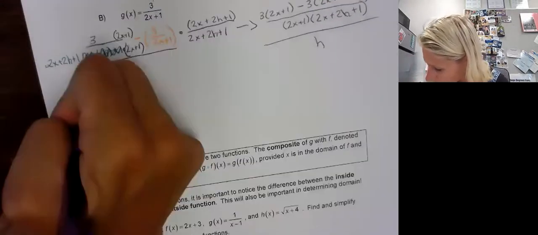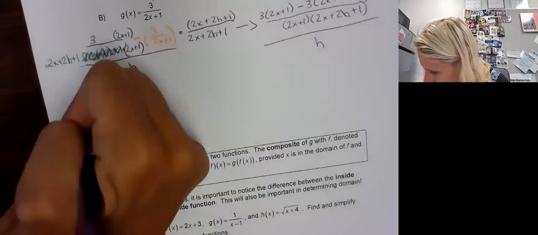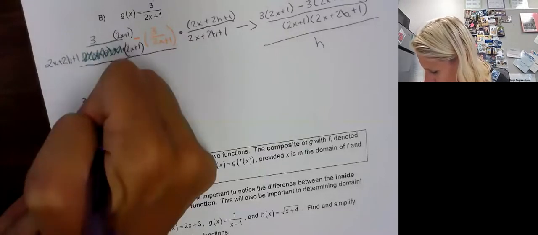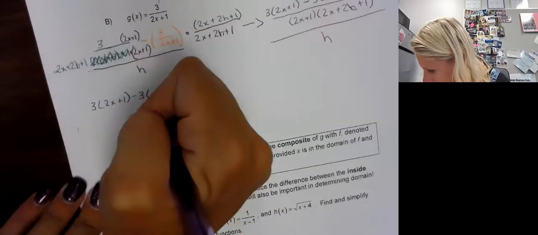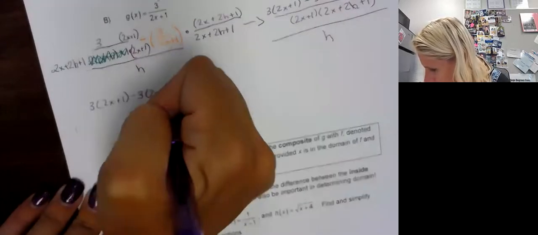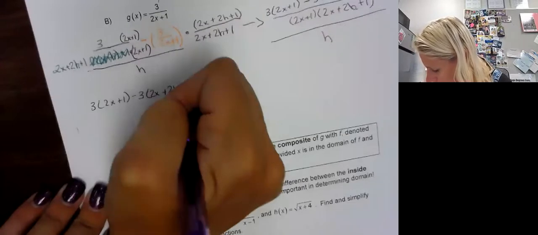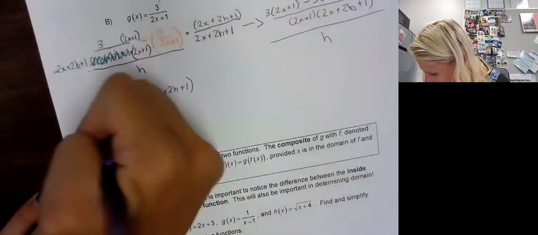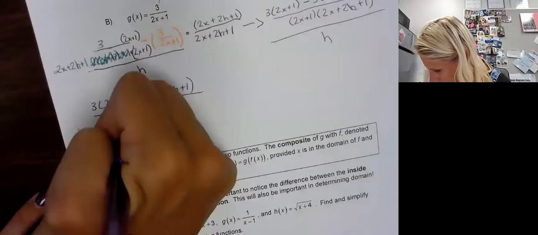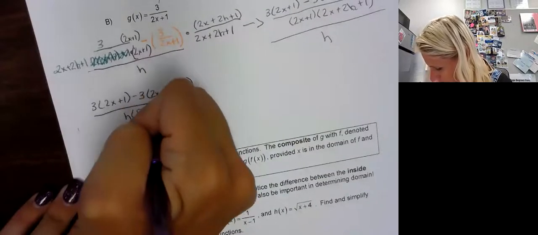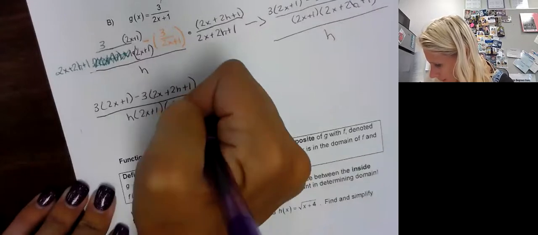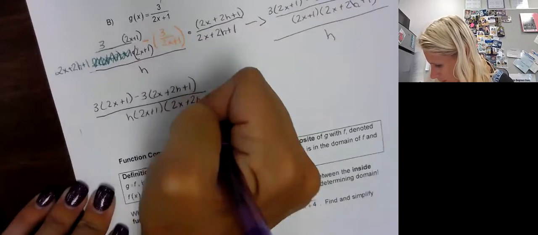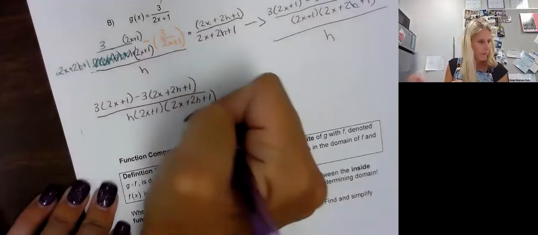So right now I have 3 times 2x plus 1 minus 3 times 2x plus 2h plus 1 all over h times 2x plus 1 times 2x plus 2h plus 1. Okay.